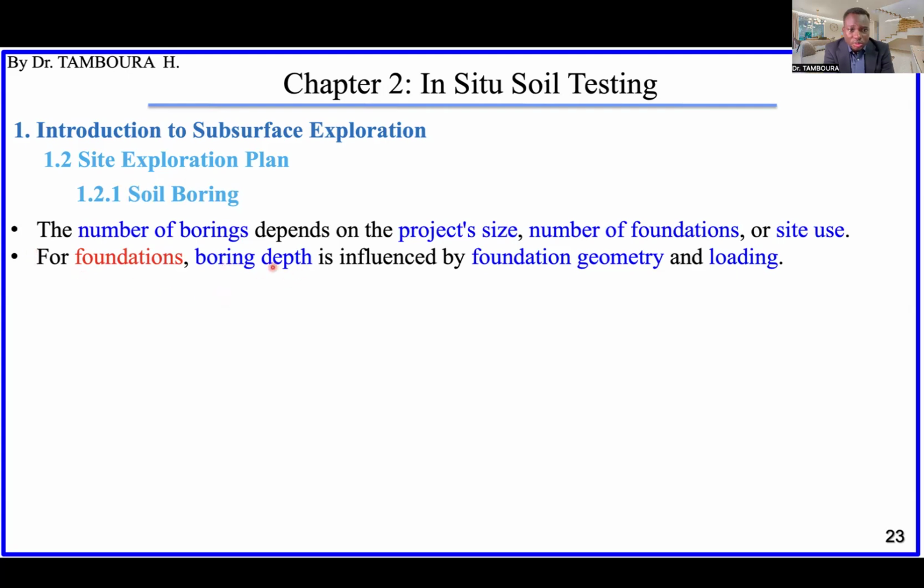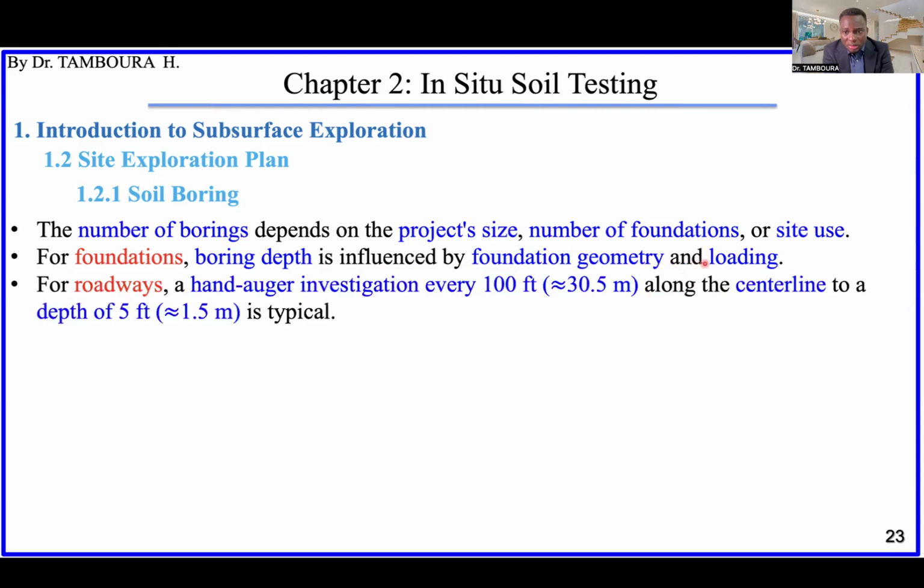So the foundation boring depth is influenced by the foundation geometry and loading. For roadway, the hand auger investigation, we will see this soon enough. For every 30.5 or 30 meters along the center line, to the depth of 1.5 meter is typical.